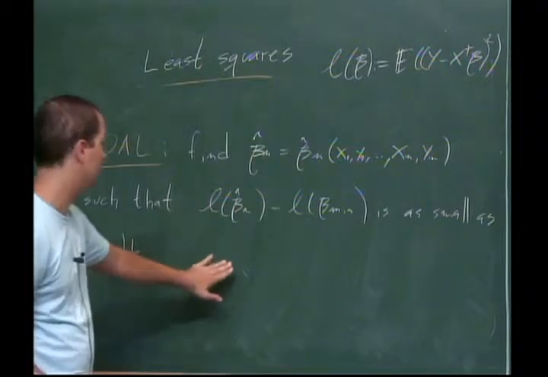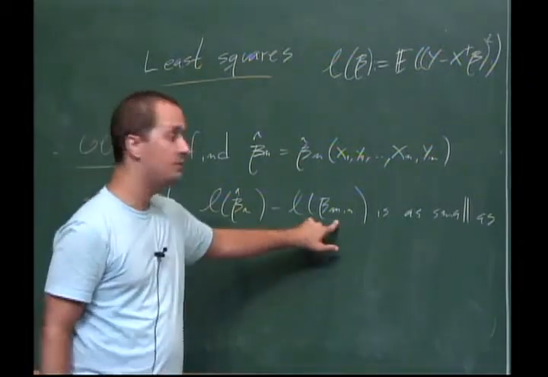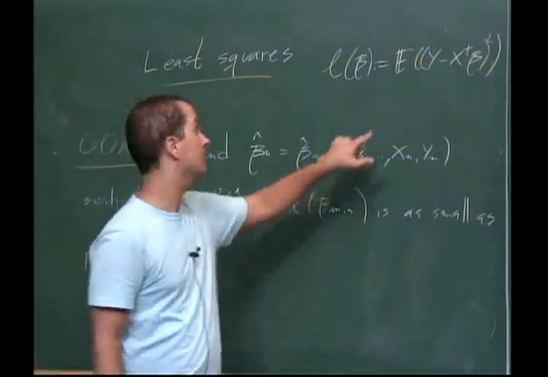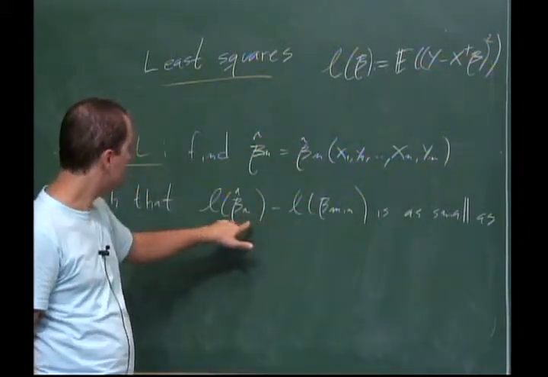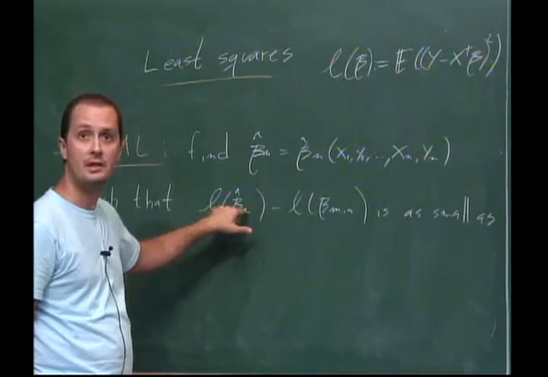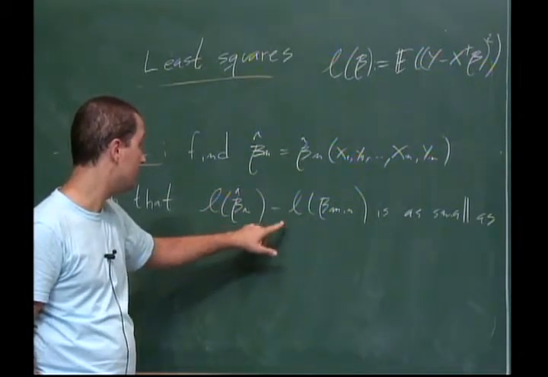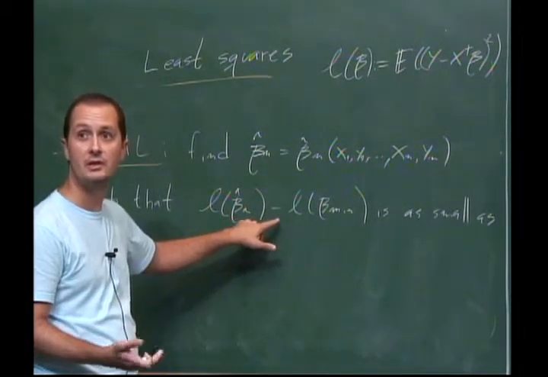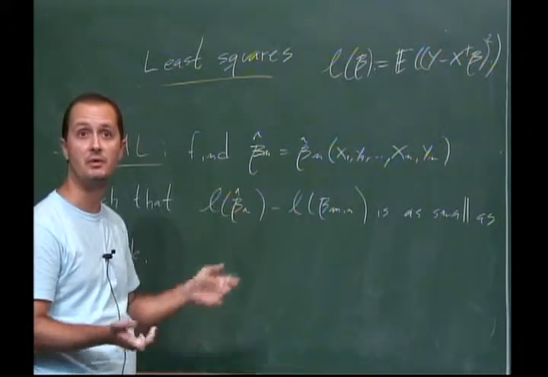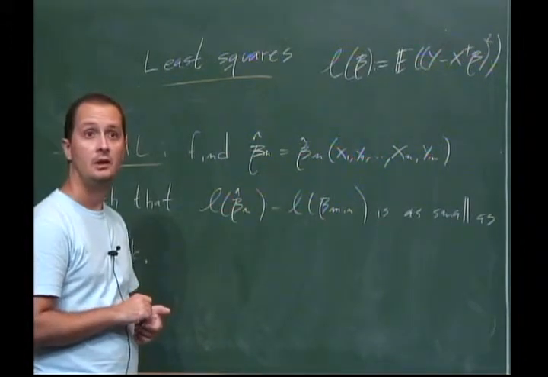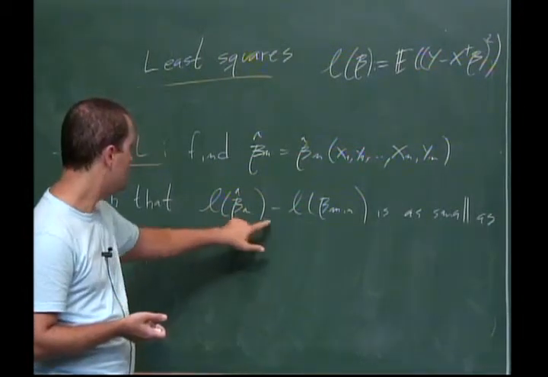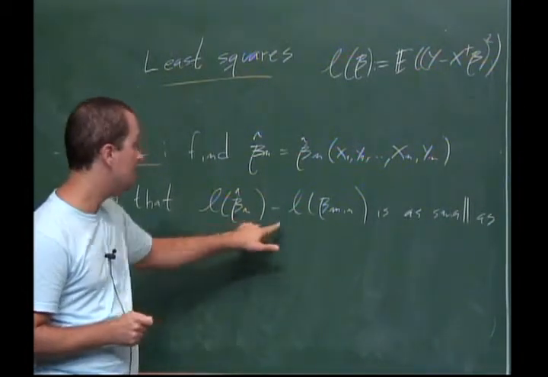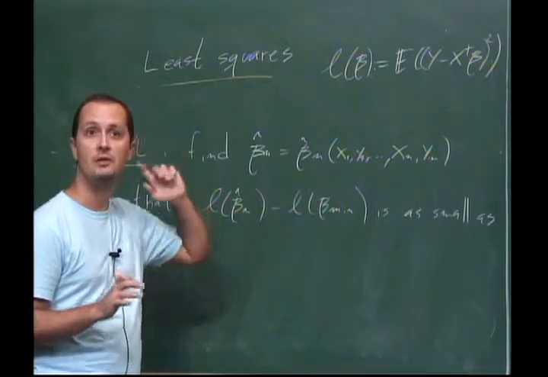So what is this? This gives you how good the best linear combination of the coordinates of x is. This is telling you, well, you found this vector from the data, and this quantity tells you how much worse the vector you found is than the best vector, how much it differs from the best vector. And we're going to write this down in a different form that says, in some sense, if this is small, this means that beta hat n is close to beta min.